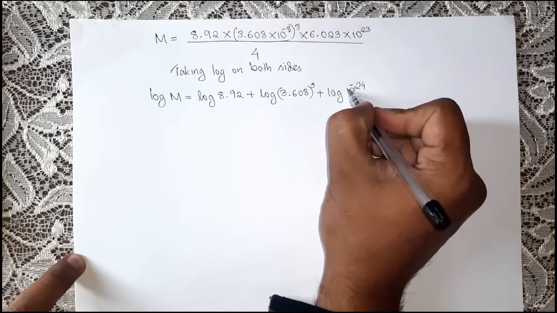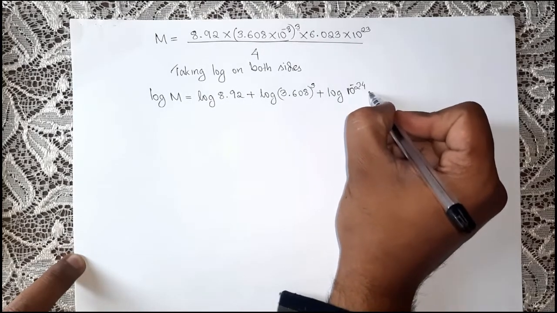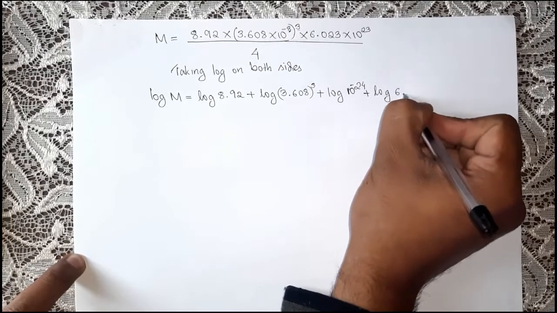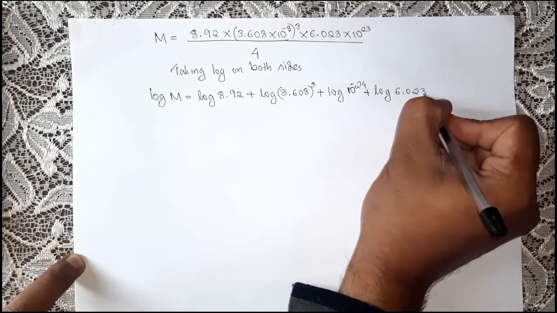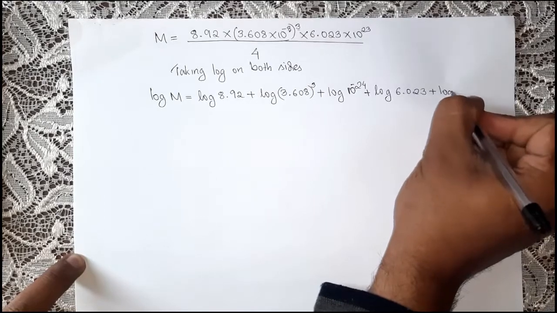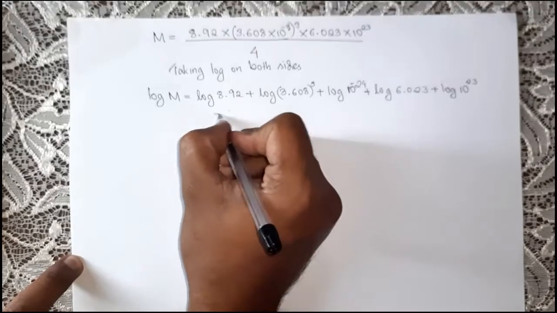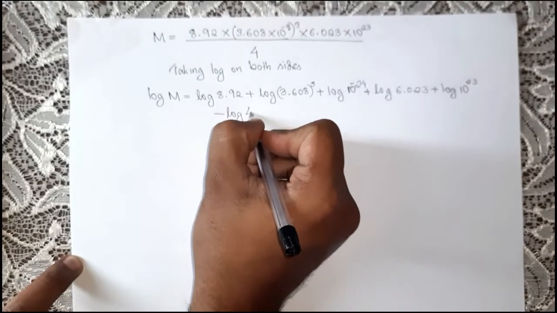So log 10 to the power minus 24 plus log 6.023 plus log 10 to the power 23 minus log 4.